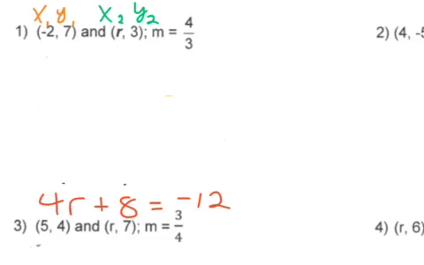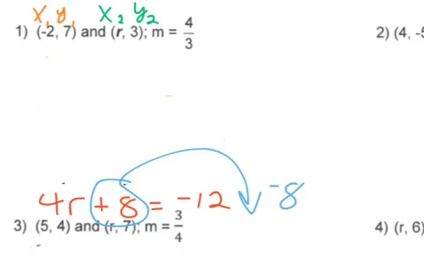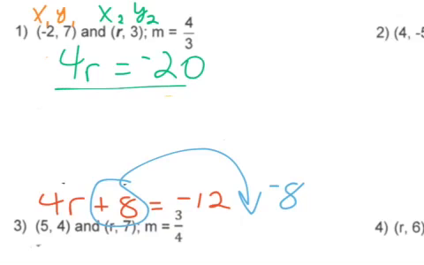Alright, so I'm going to take my 8 over here, where it becomes a -8, giving me the new layer of 4r equal -20 divided by 4 on both sides. R equal -5. There's my answer.